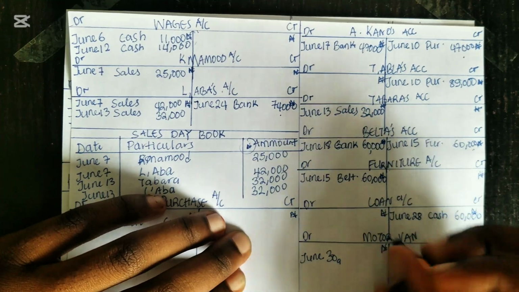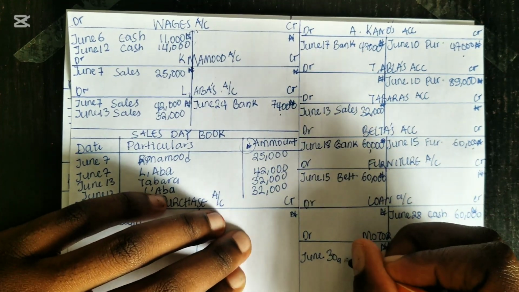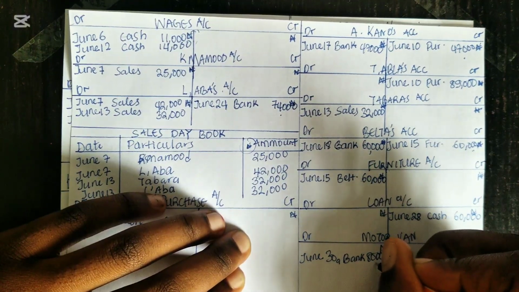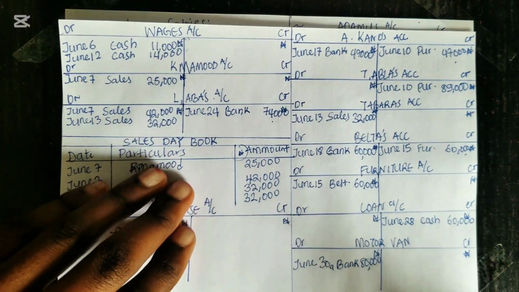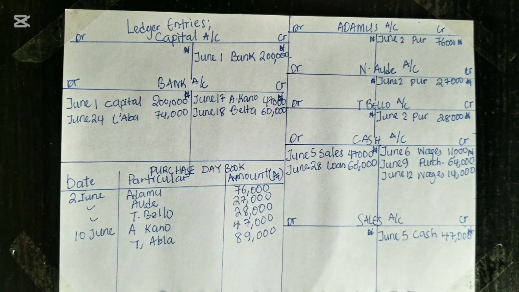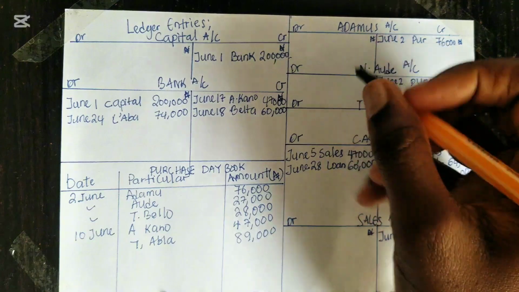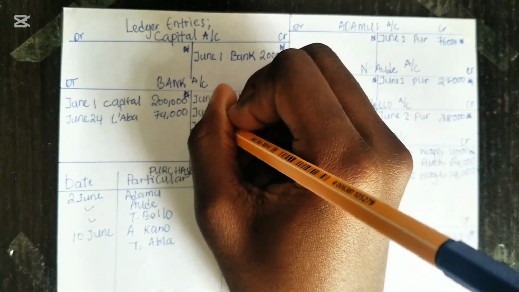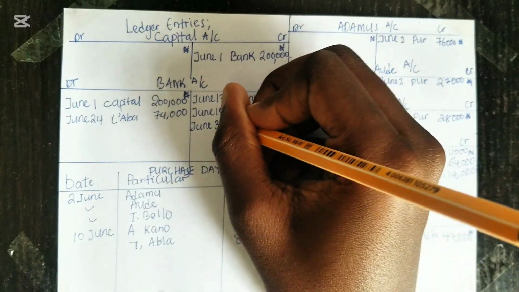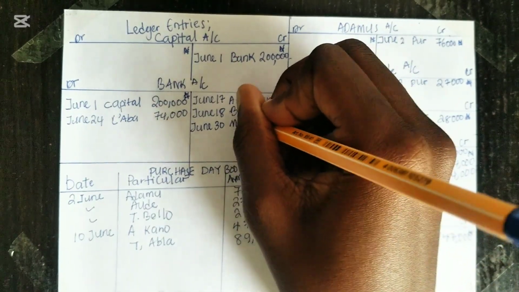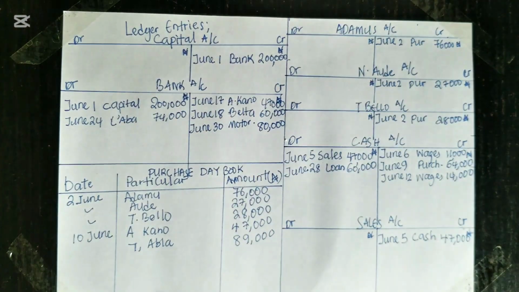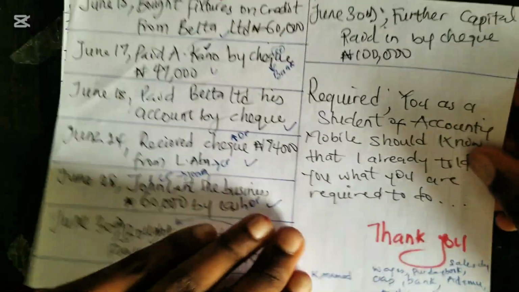This is by check, so write bank 80,000. So now our bank account will be credited. Let's see our bank account. Our bank account is here, so it's going to be credited. June 30. We're going to write motor van, then 80,000 naira.